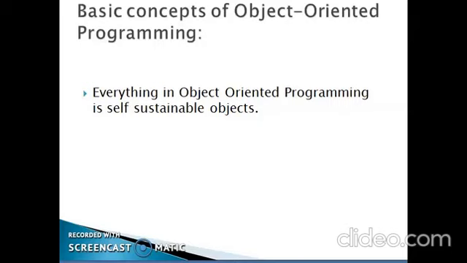So an object is nothing but any entity. An object is any entity that you find in the real world or non-real world. I'll explain why I said non-real world. So any entity is an object.